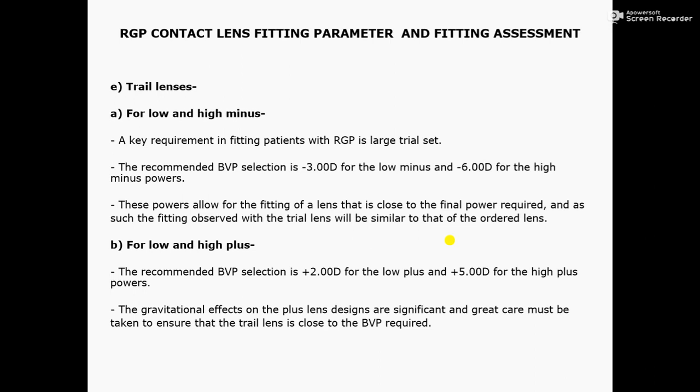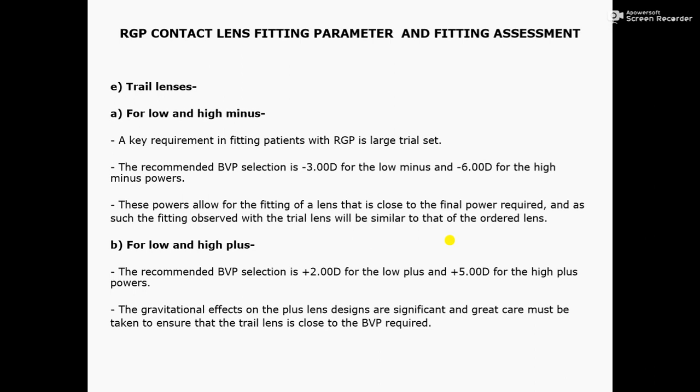These powers allow for the fitting of a contact lens that is close to the final power required, and as such the fitting observed with the trial contact lens will be similar to that of the ordered contact lens.